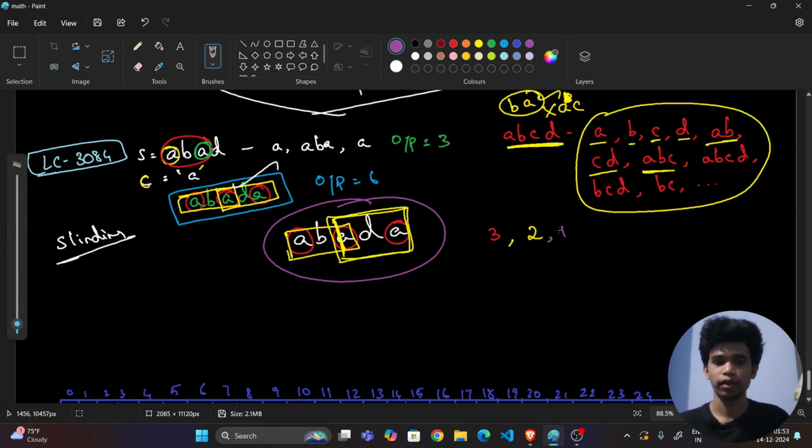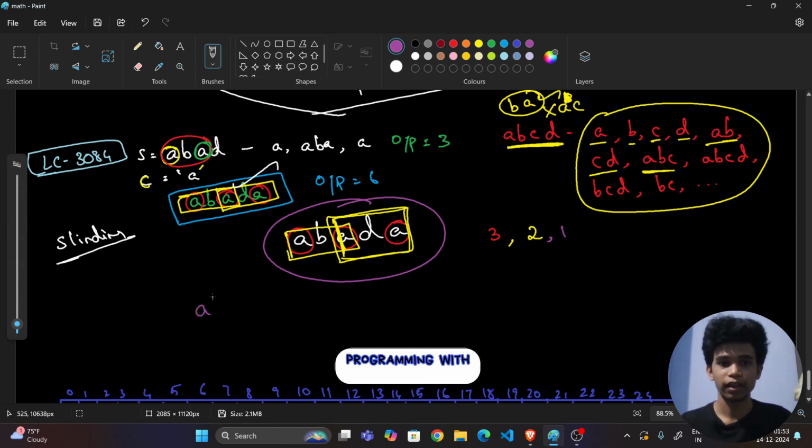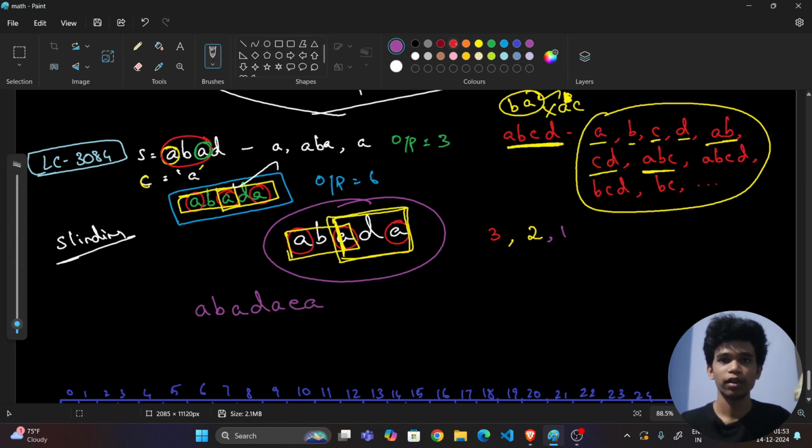Now if it is A, B, A, D, A, E, A, then these four A's are individually A substrings.